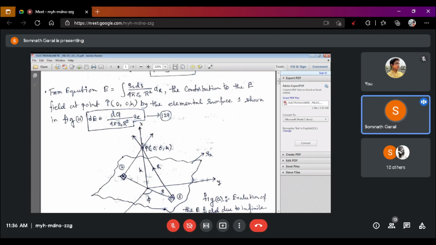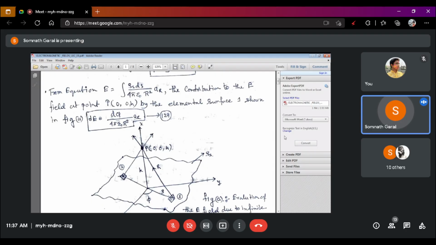P with respect to this surface dS. Okay, or we calculate the electric field intensity of that point P with respect to this infinite field.